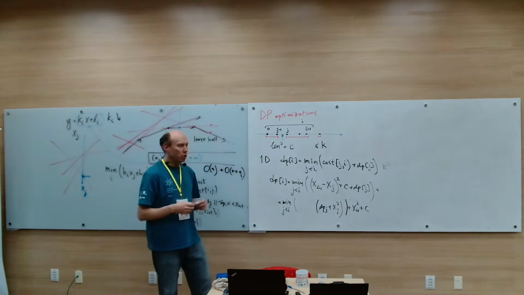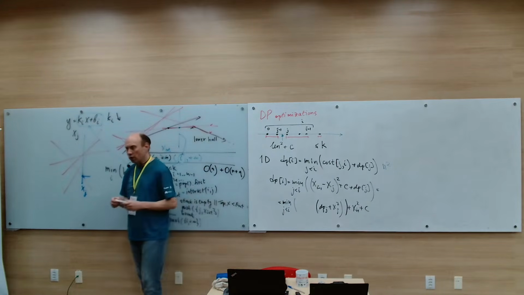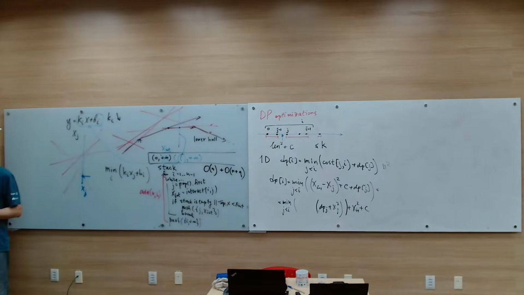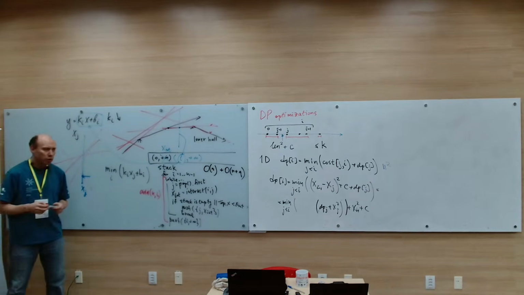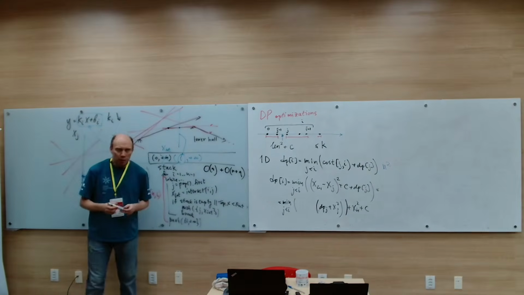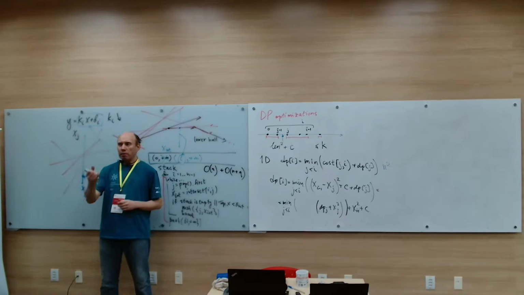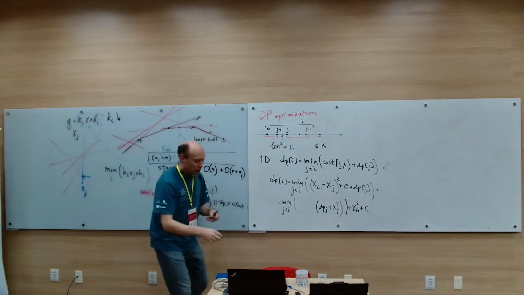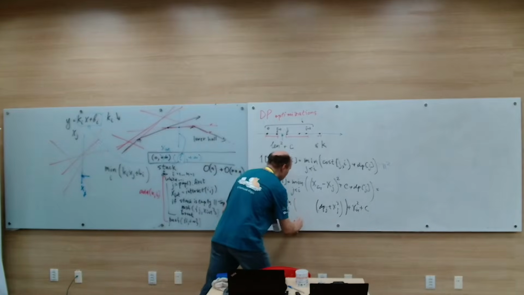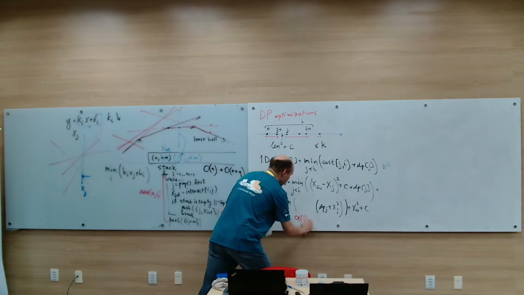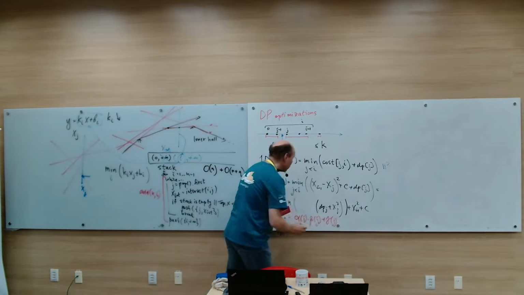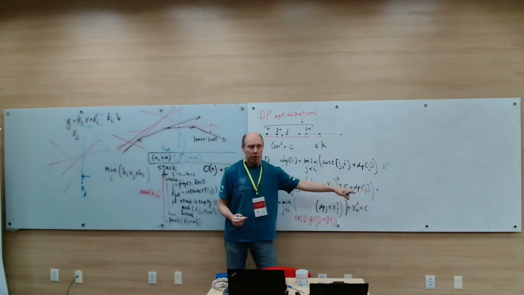And there are also terms that depend on both i and j. For those terms, the condition for using the convex hull trick is that they must be in the form of something that depends on i multiplied by something that depends on j. So in the general case, the sum is alpha of i times beta of j plus gamma of j plus delta of i, which is outside of minimization as well.